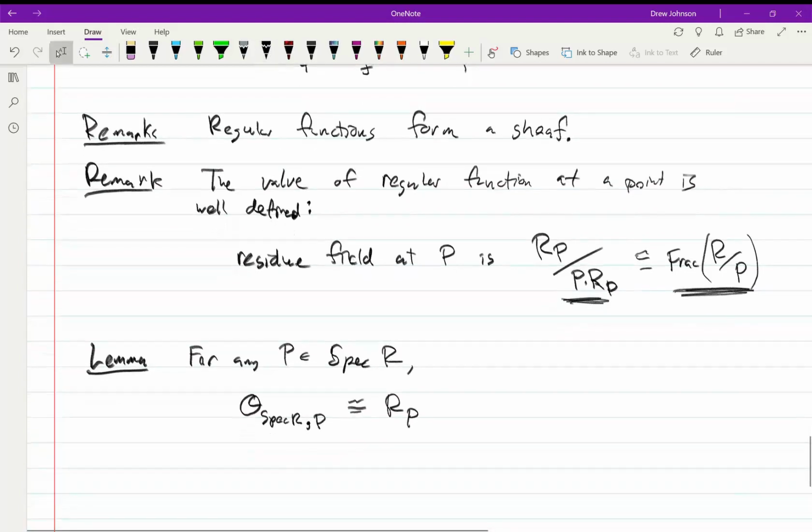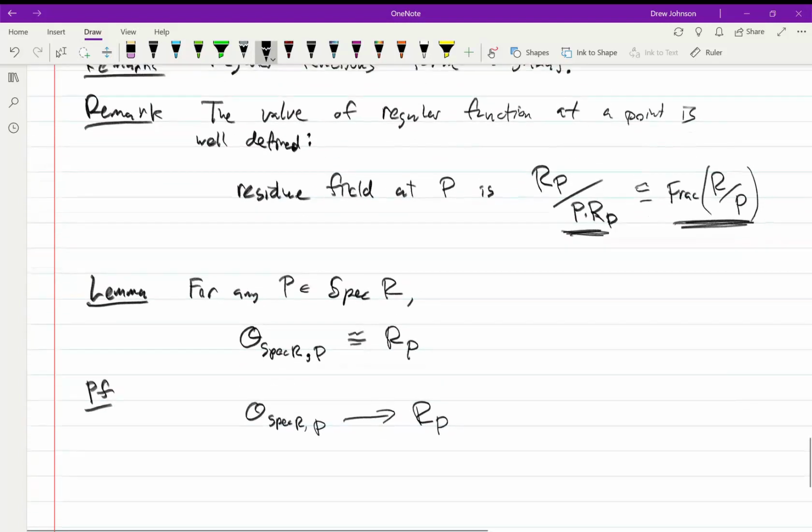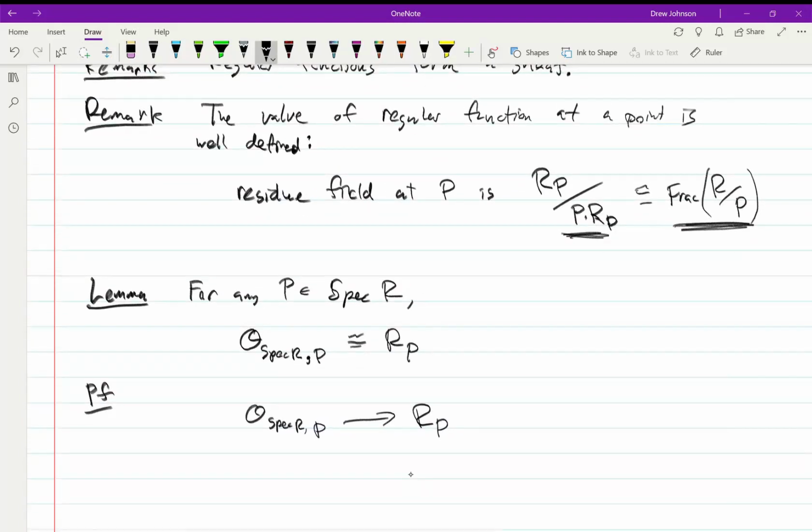Okay, I don't think I'll do the whole proof, but let me just tell you what the map is. So we'll define a map from O_{Spec R, P} to R_P, and how will we do it? Well, what is an element of this local ring? It's an open subset together with a regular function on that open subset, some equivalence class of those.